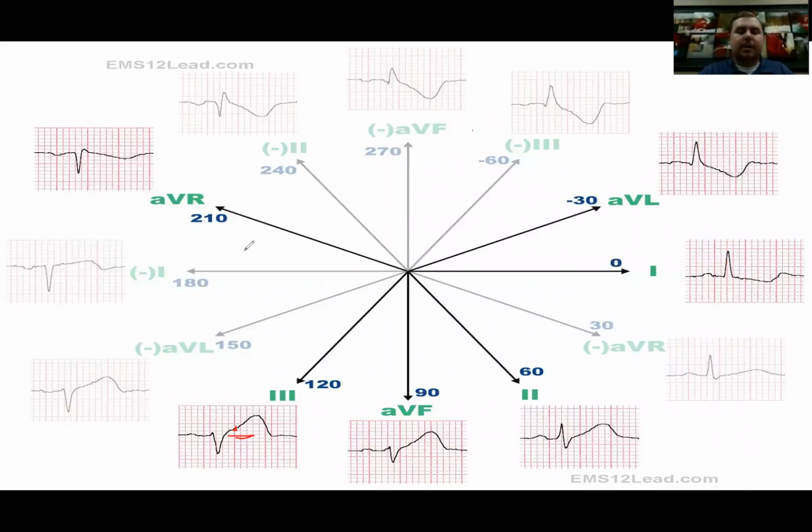The QRS is most positive in lead 1 probably, and it begins to get more and more equiphasic as it goes around. AVF is almost well negative, a small negative QRS, a little bit bigger negative QRS in lead 3, and then completely negative in lead negative 1.